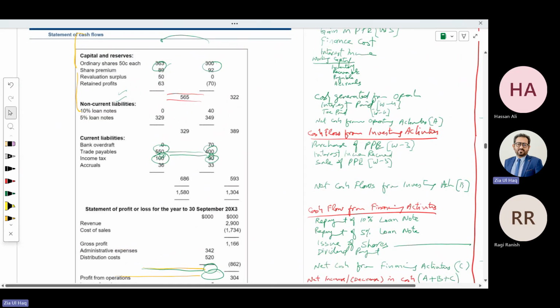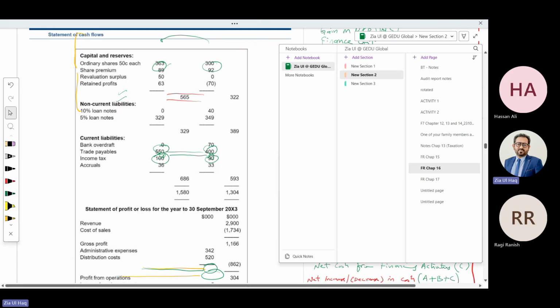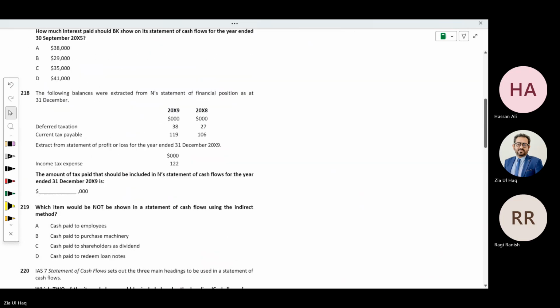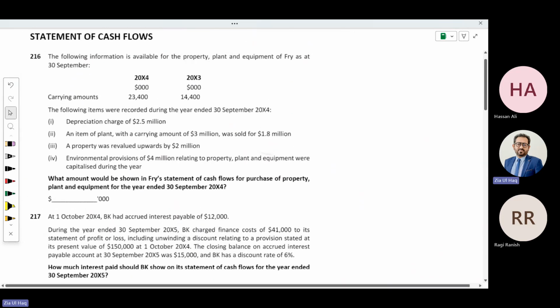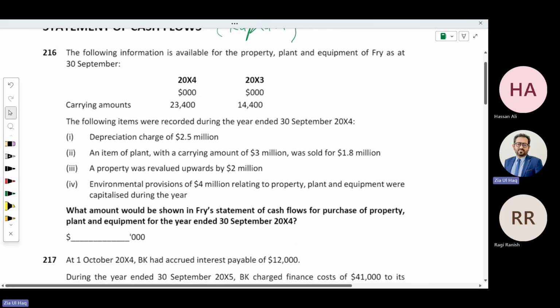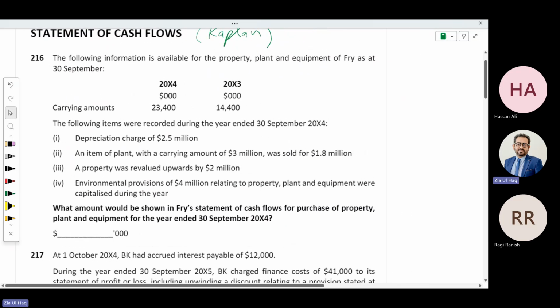So let's move towards some more questions. Some questions from Kaplan Kit. 216. The following information is available for the property, plant and equipment of Fry as at 30th September 20x3 and 20x4.